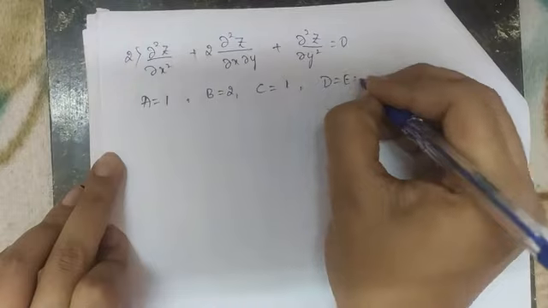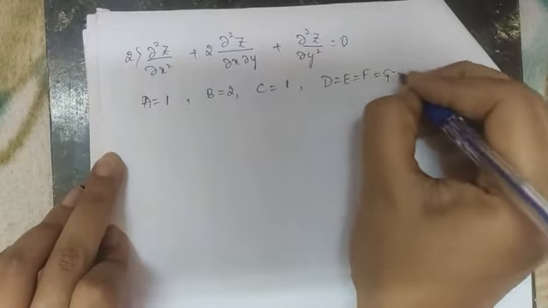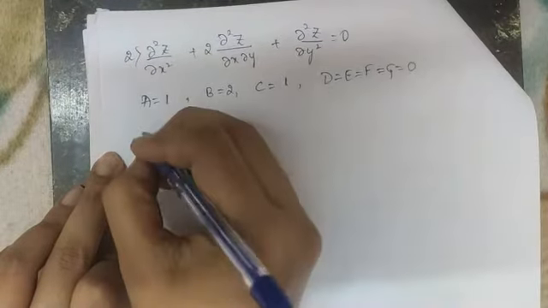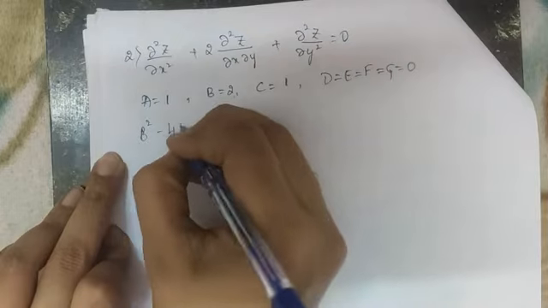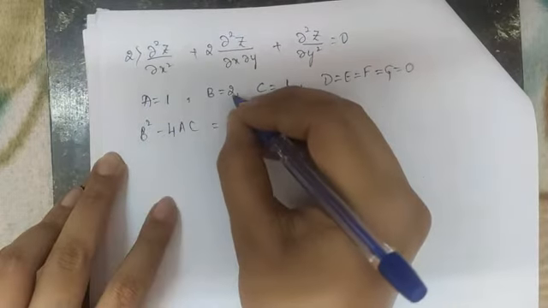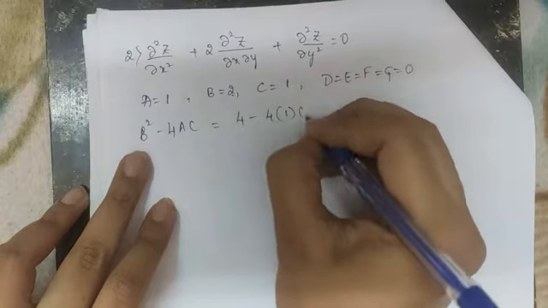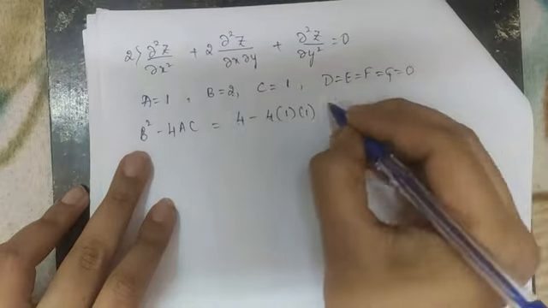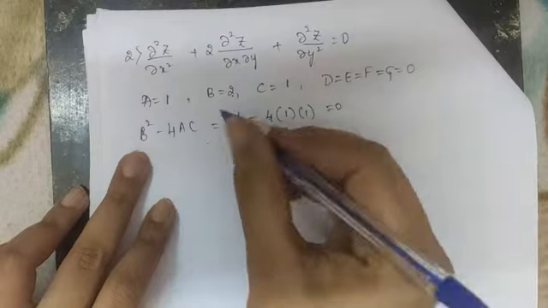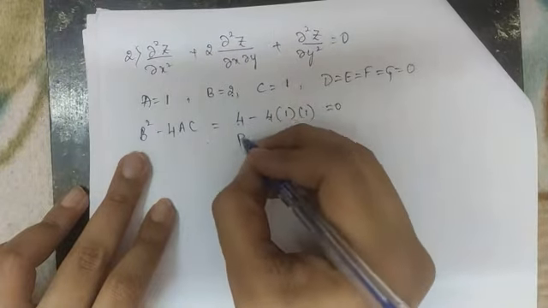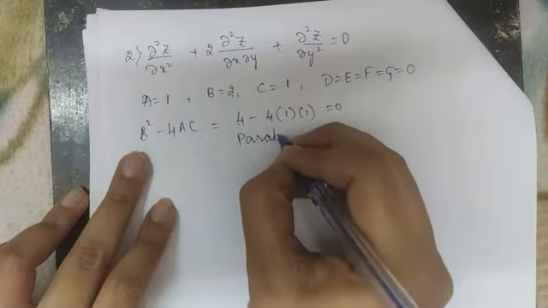D, E, F and G are 0. Now consider b square minus 4ac. B square means 2 square is 4, minus 4 into 1 into 1. So 4 minus 4 is 0. Therefore, the nature of this PDE is parabolic.